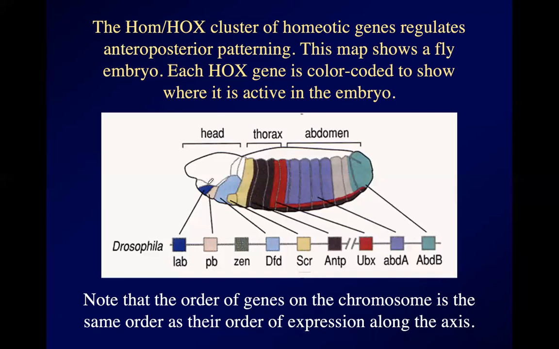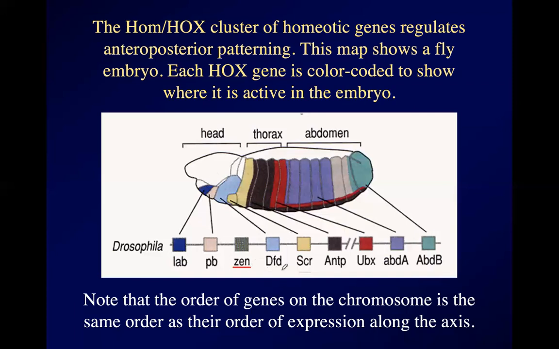So the first of the Hox cluster is called labial, and it's expressed in the head. The next one on the chromosome is proboscipedia, which is expressed just back of labial. The exception to this rule is one called zerknüllt, which is apparently German for screwed up because of what happens when it mutates.